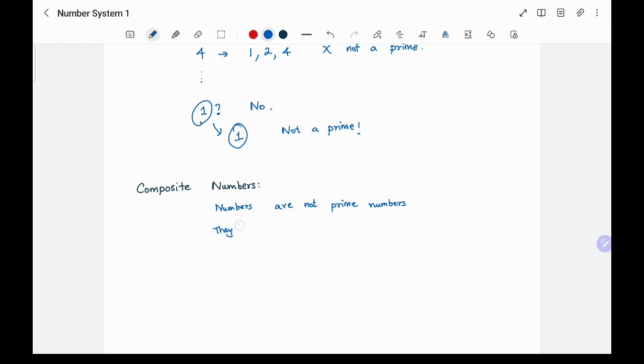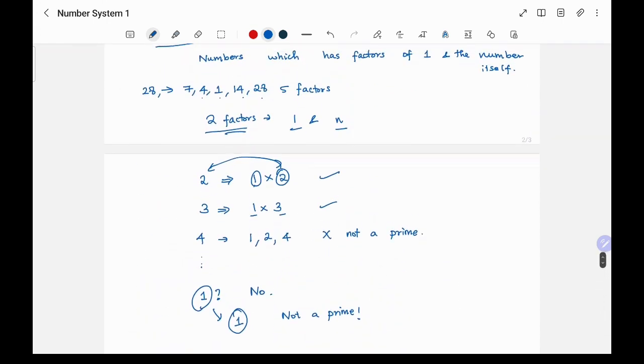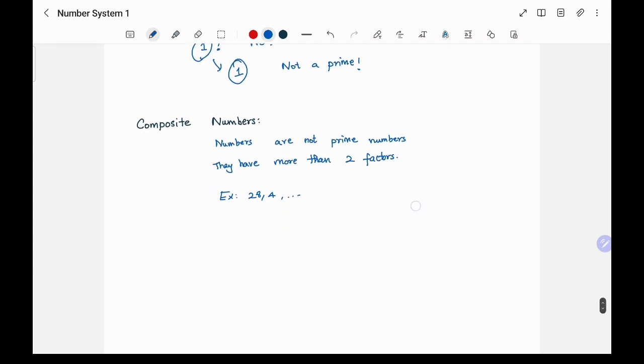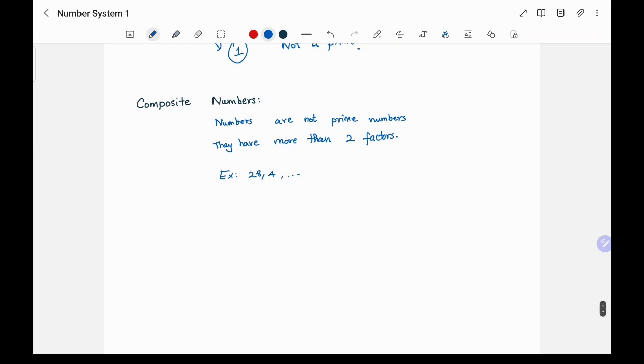They have more than 2 factors. So whatever example we gave here, 28 is a composite number. Again, 4 is a composite number. So I'm just writing it here. And there are many other composite numbers. So a natural number should either fall into this category or this category.